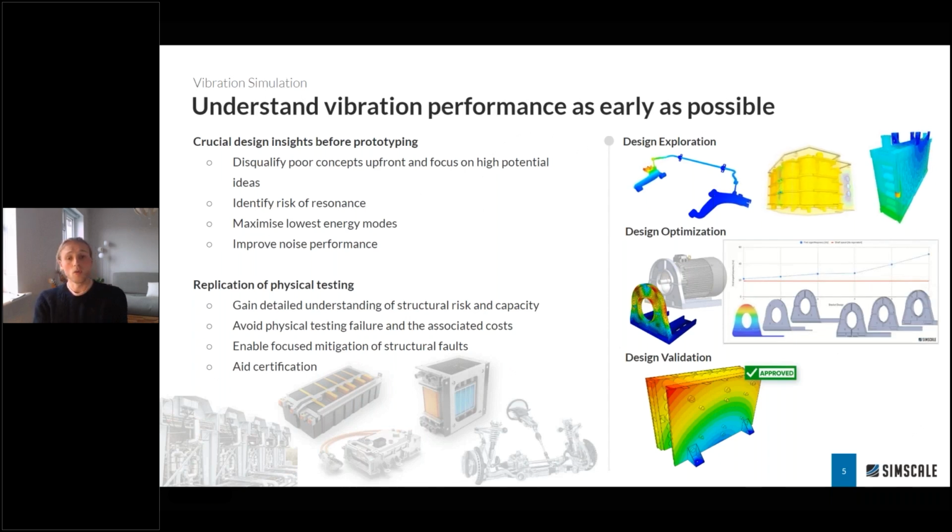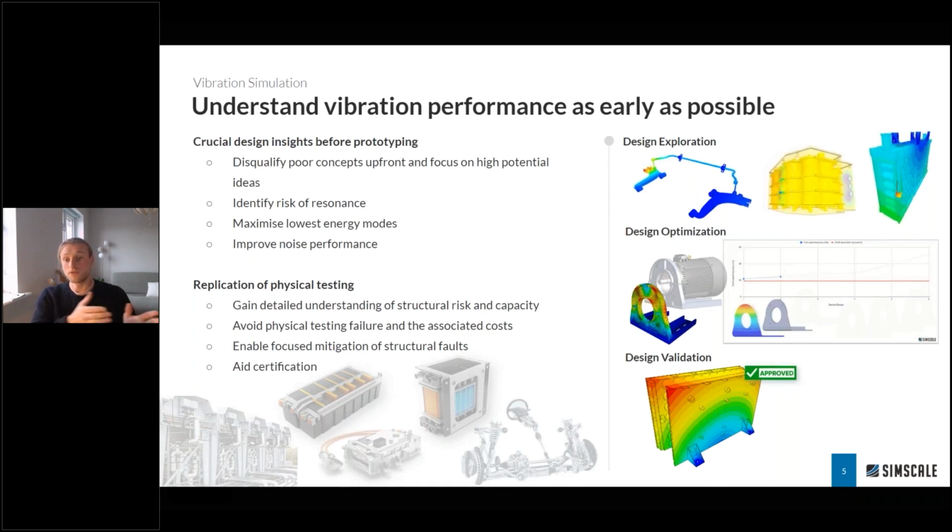Okay, so when you're using vibration analysis during your product development and design, you can do 2 main things. Both getting design insights before you move on to physical prototyping, which allows you to disqualify poor concepts up front. In the case of vibration analysis, it allows you to identify the risk of resonance very early on, maximize the low energy modes.